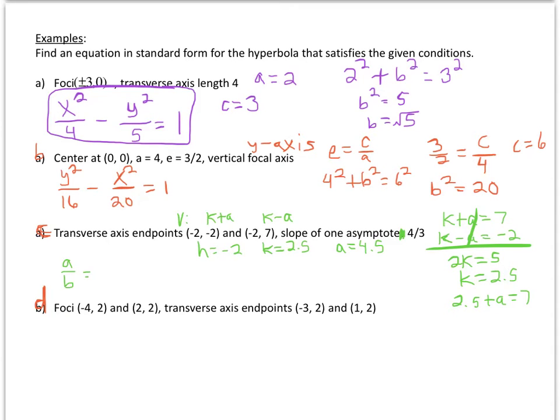And they're telling us that it's 4 over 3, but we just found that a is 4.5. So we need to figure out what b is by cross multiplying. So I'm going to do 3 times 4.5 and then divide that by 4, and I should get 3.375 for b.